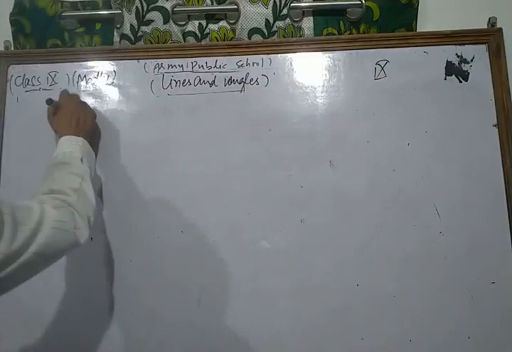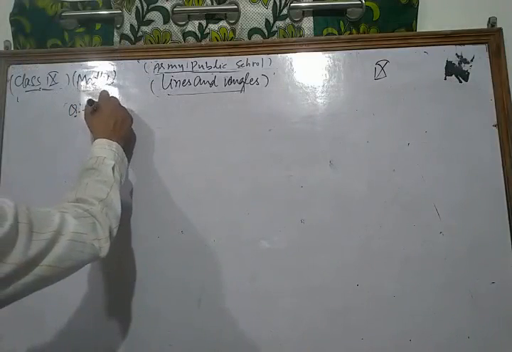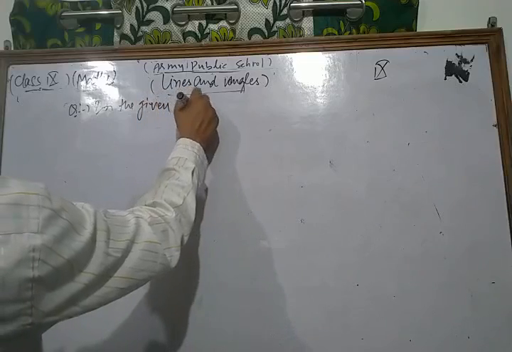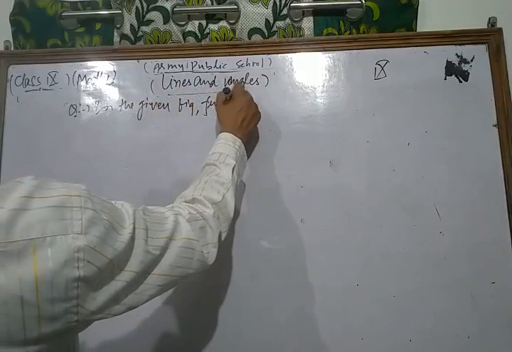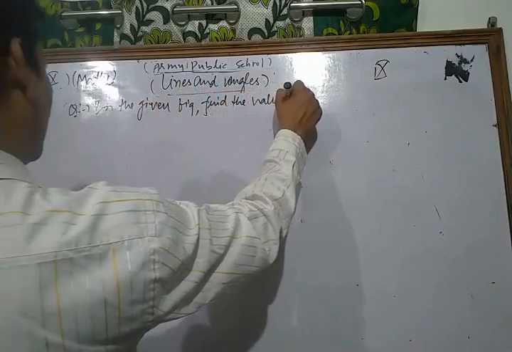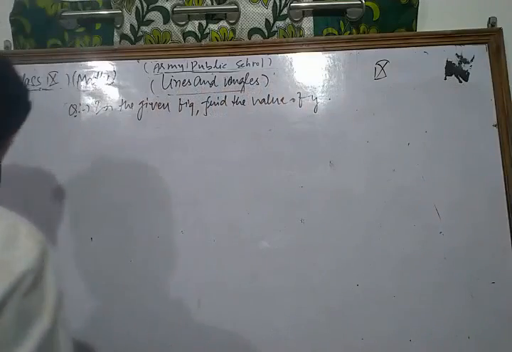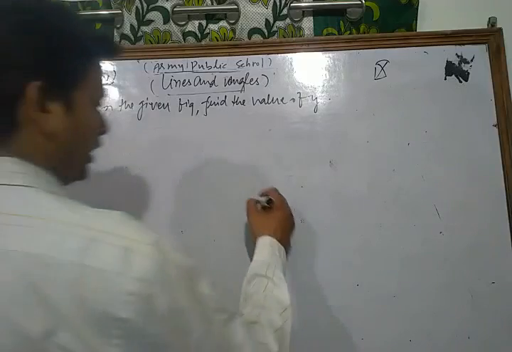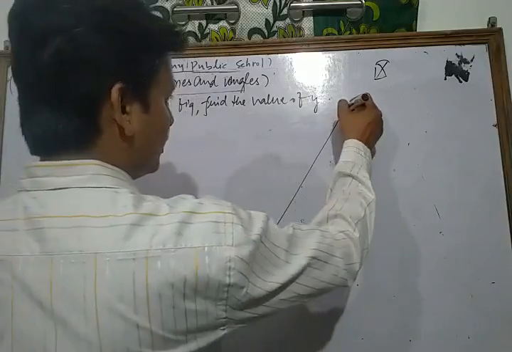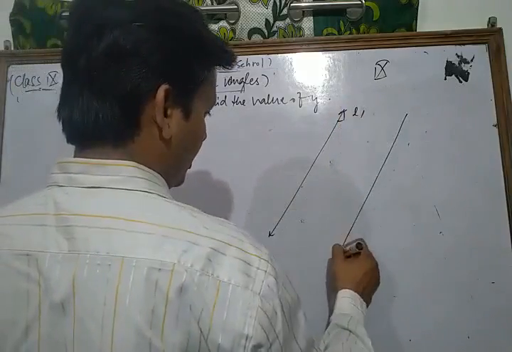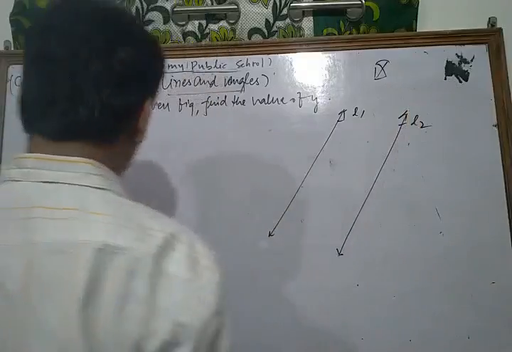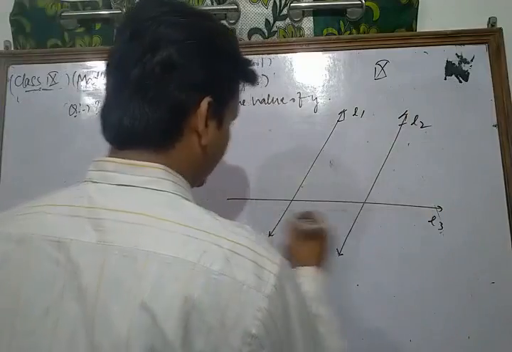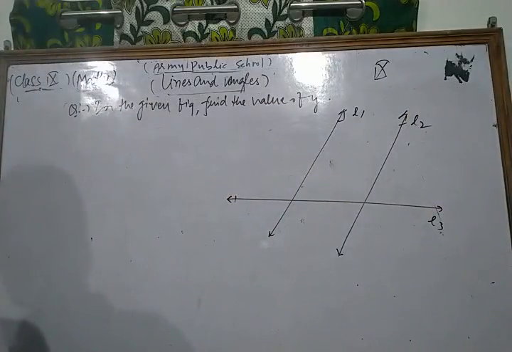Let's see the question. In the given figure, find the value of y. Here two lines L1 and L2 are there, and a third line L3 is intersecting them at two distinct points.